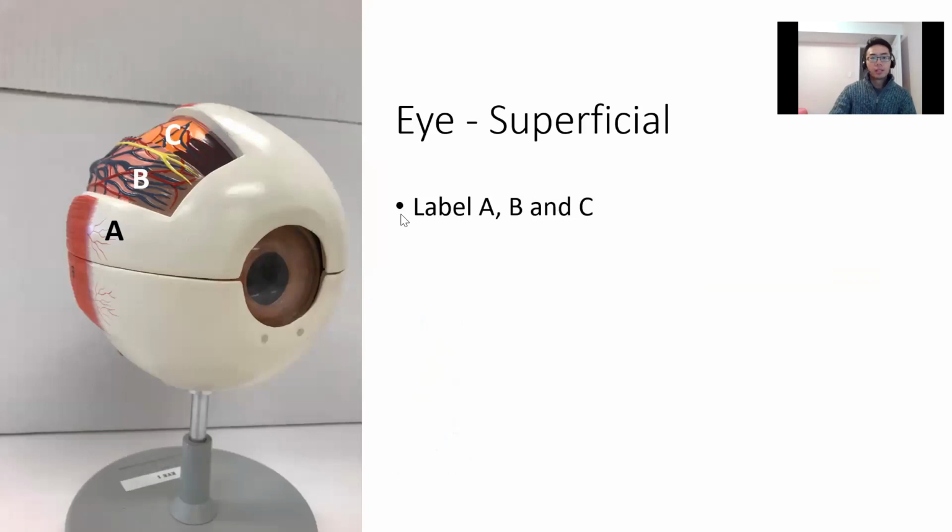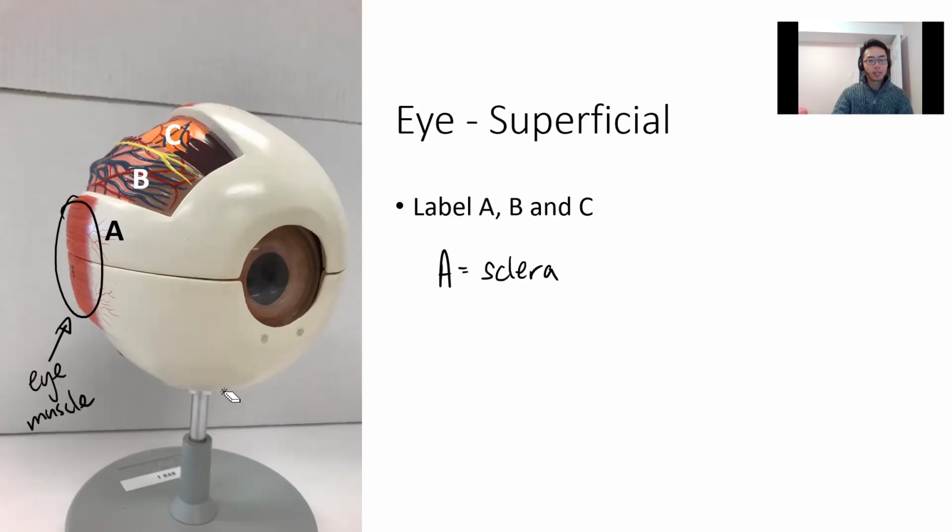So A, that is the sclera, which is the white part of the eye. It's a fibrous type of tissue, and it allows muscle to attach to it. So here you can see an eye muscle right here. There is also one at the bottom, on the other side, as well as on top.